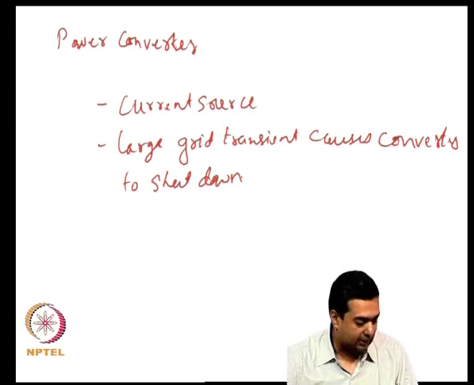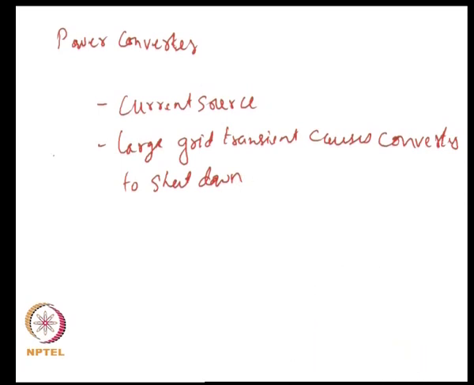So, another thing that we will consider next, after considering the power conditioning devices, which can be machines or power converters, is what sort of protection equipment would be there on a typical distribution system. So, if you are looking at protection equipment, you are looking at over voltage protection or over current protection.